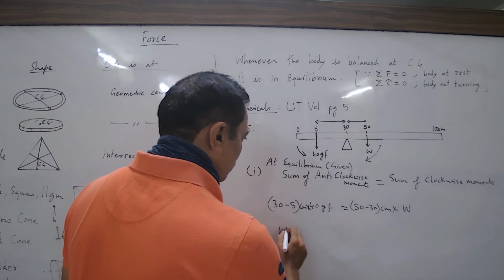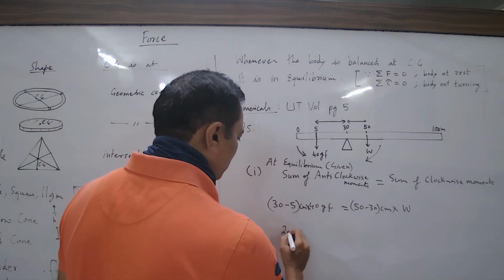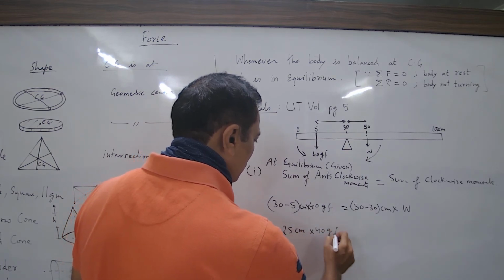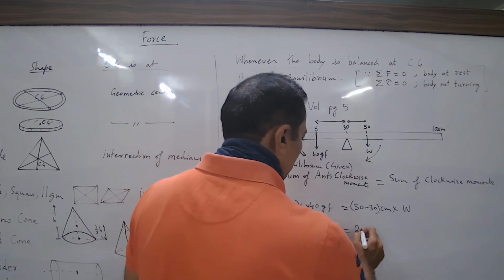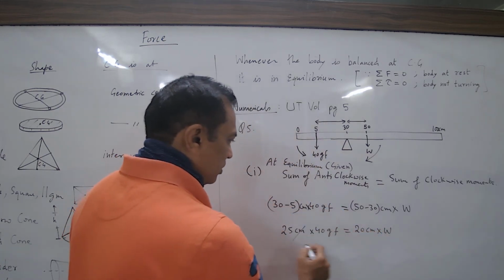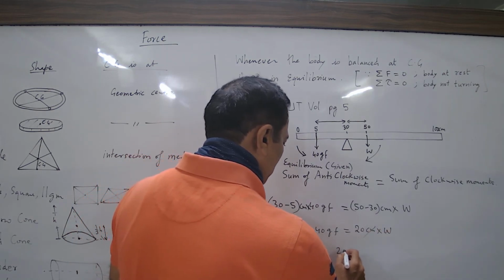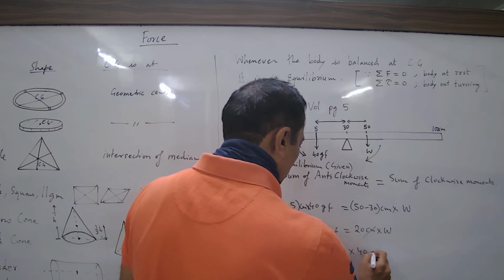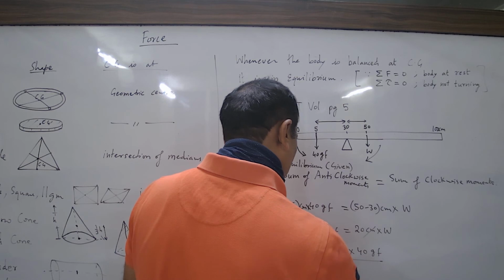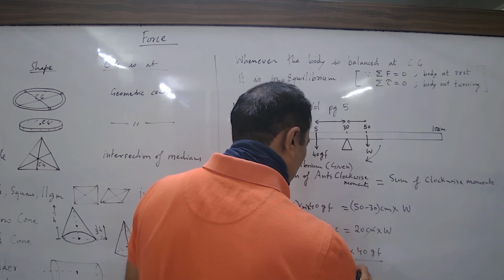So this is 25 centimeter into 40 gram force is equal to 20 centimeter into W. The centimeters cancel, so W is equal to 25 into 40 gram force divided by 20.